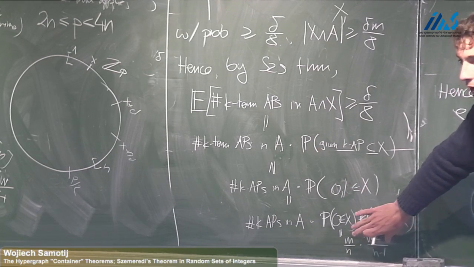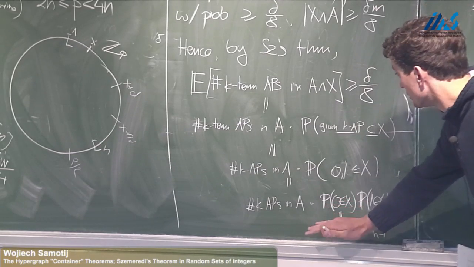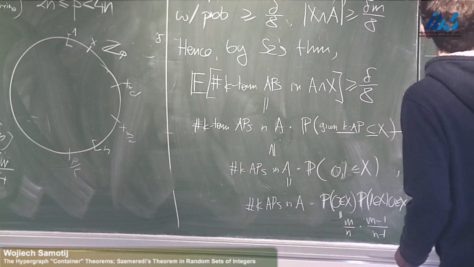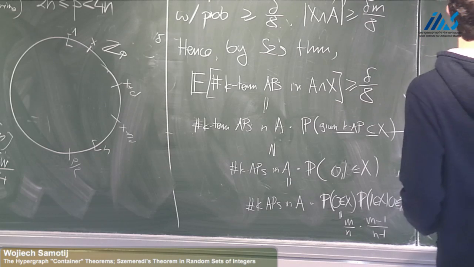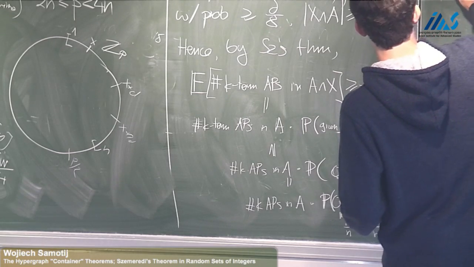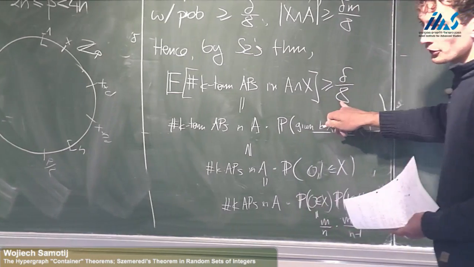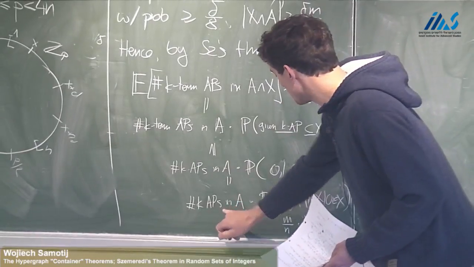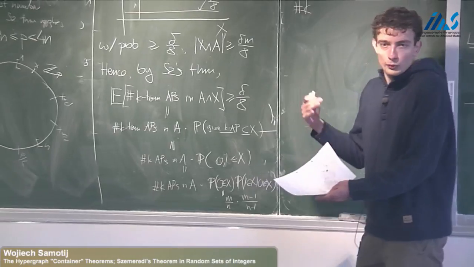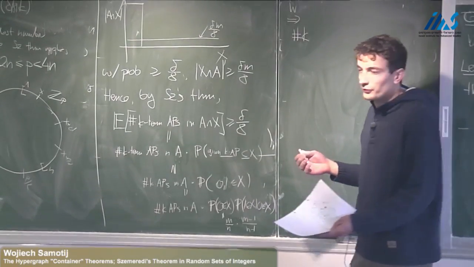Okay, and if I now compare this to that, we conclude that originally, since this expectation is so high and each arithmetic progression survives with a tiny probability, we needed to have lots of them.